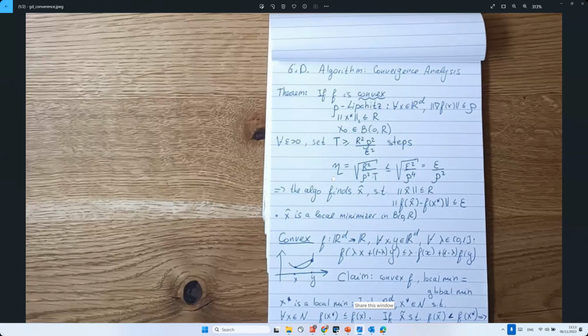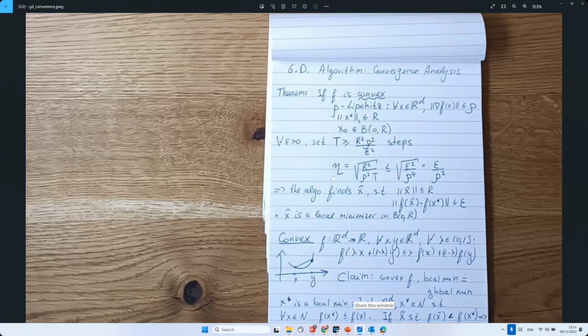Also, how do you get this eta equals the square root of r squared over rho squared times t? You substitute r squared instead of t. Yeah, but before that, how do we get this? How do we know?